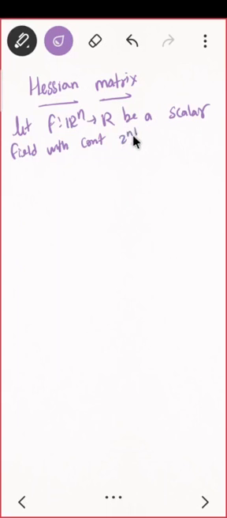Let f from Rn to R be a scalar field with continuous second order partial derivative.